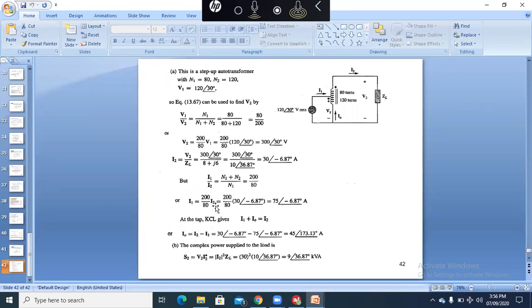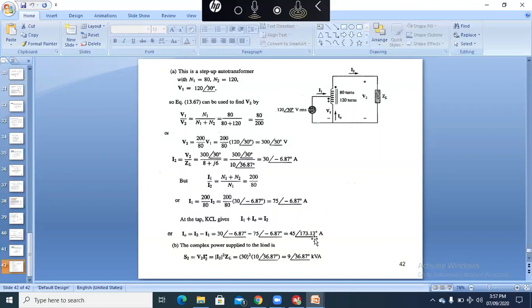So we substitute the value of I2 and we get the value of I1 as 75 at the angle of minus 6.87 degrees amperes. Now the value of I0: the I1 current plus the I0 current is equal to the I2 current. So we apply KCL and we get I0 plus I1 is equal to I2, or I0 is equal to I2 minus I1. So we will get the value of I0 here.